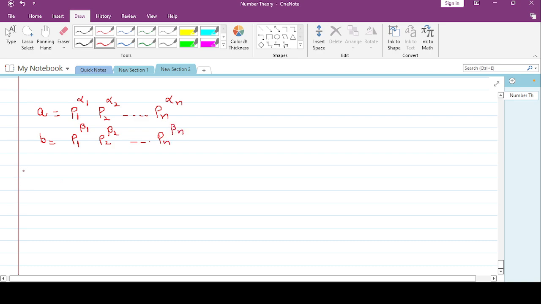Okay, then LCM of A and B is given by P1 raised to the power maximum. In this case we take the maximum, but in case of GCD we take the minimum. Okay, so remember this: maximum of alpha 1, beta 1 into P2 raised to the maximum of alpha 2 comma beta 2, okay, and so on, Pn raised to the maximum of alpha n comma beta n.